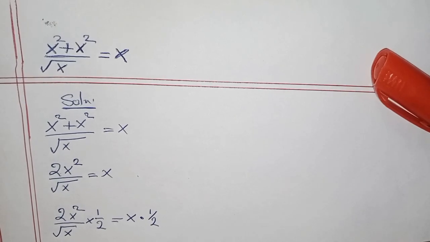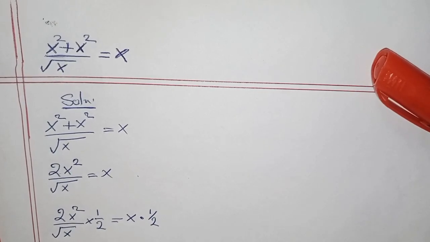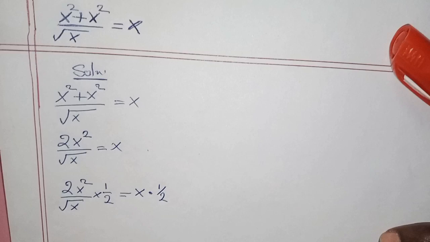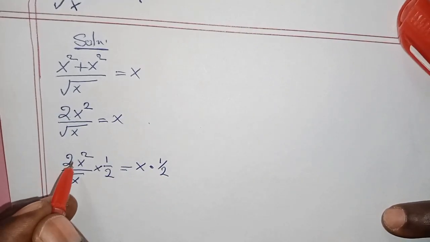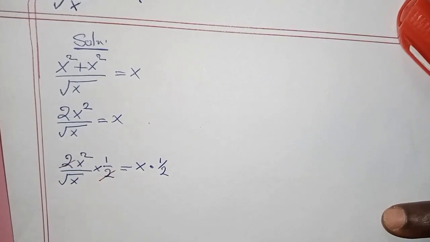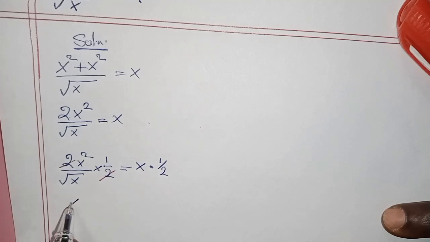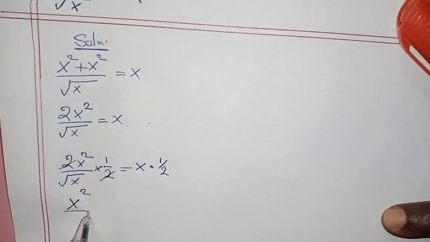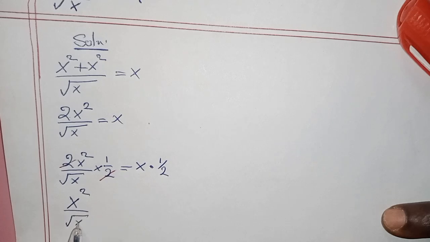So if that is the case, we all know that these 2 and these 2 will take care of each other. So I'm going to have x squared divided by square root of x is equal to x divided by 2.